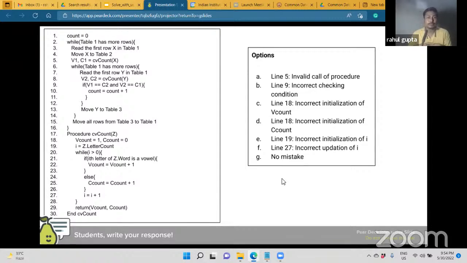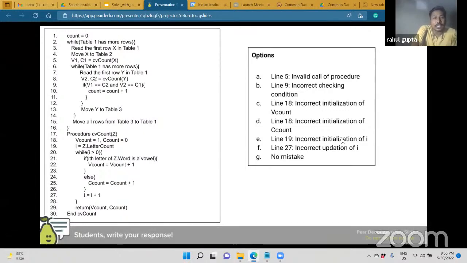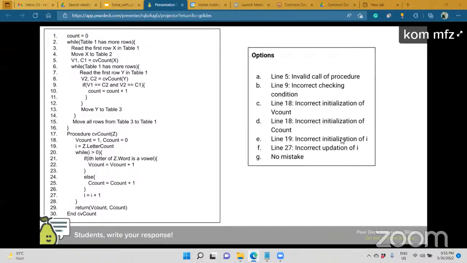Option B, that the condition for checking is wrong. How many of you think? Option A, Poonam, Shubham, and Rima. Yes, sir. Option C, sir. Is option B incorrect or correct? You think that the condition written in the line is incorrect? No, sir. I said option C.